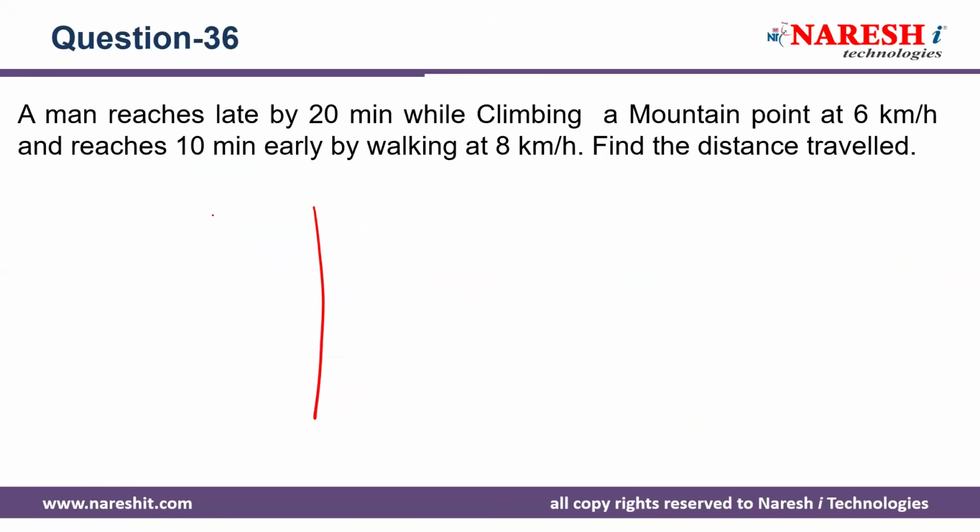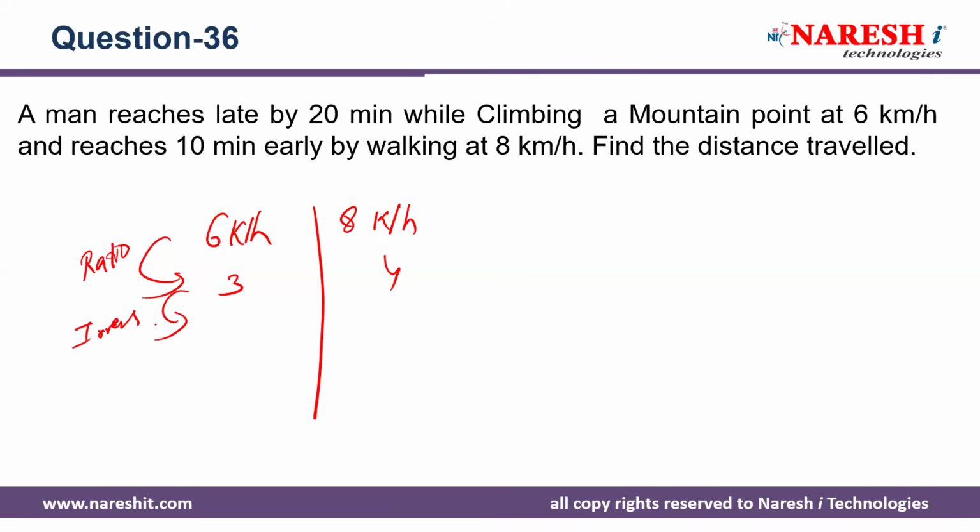Now the logic. First, what is the first speed? 6 kilometer per hour. Next speed, 8 kilometer per hour. Next step, ratio 3, 4. Next step, inverse 4, 3. Take the difference of 4 and 3 as 1 unit. Now tell me guys, what will you do when it is late by 20 minutes and early by 10 minutes?